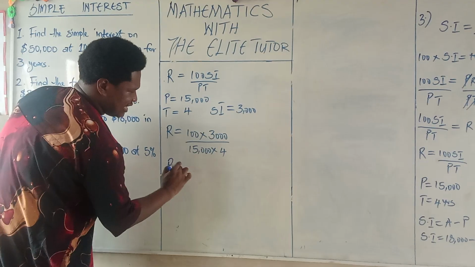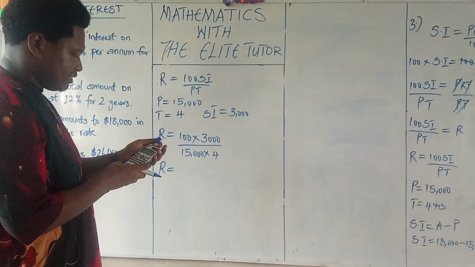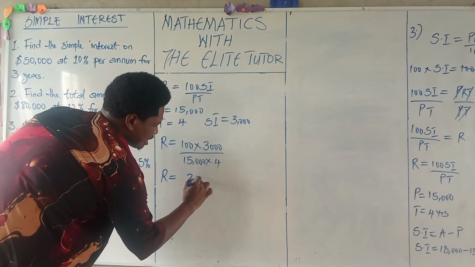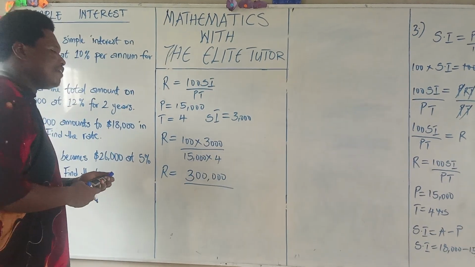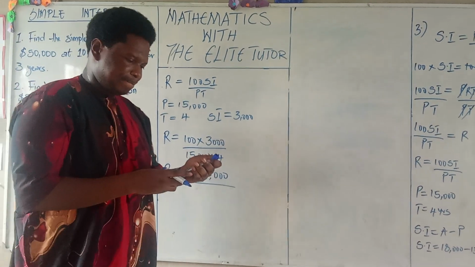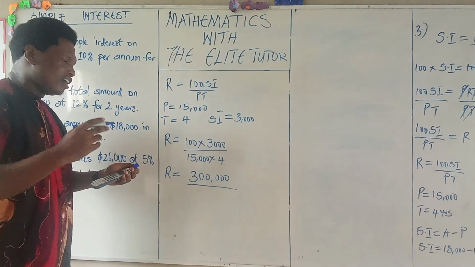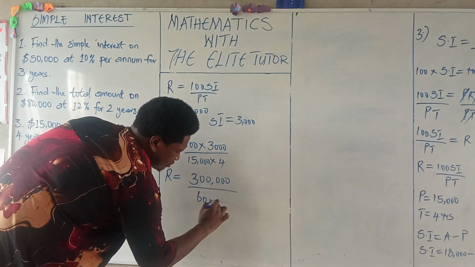So we have 3,000 times 100. This gives us 300,000. And then we have 15,000 times 4, which gives us 60,000.